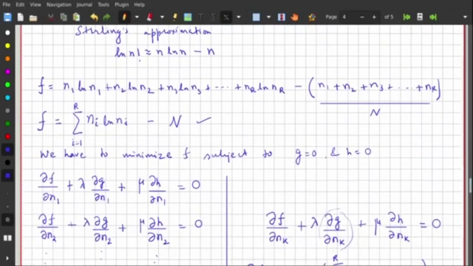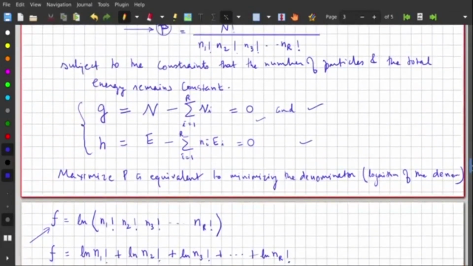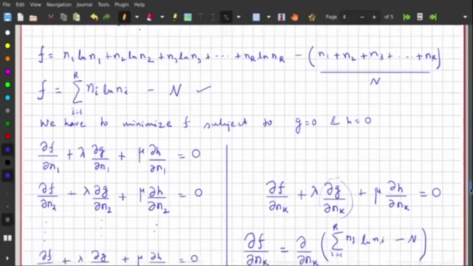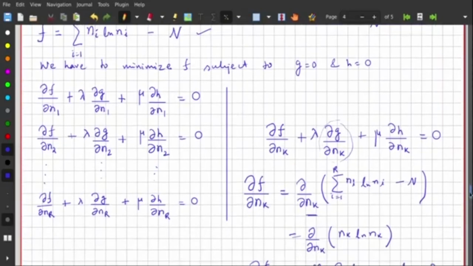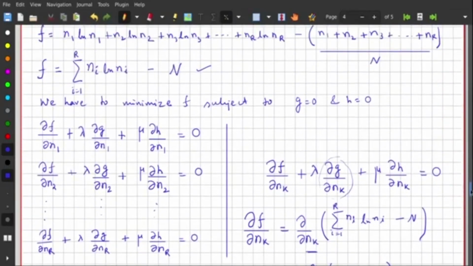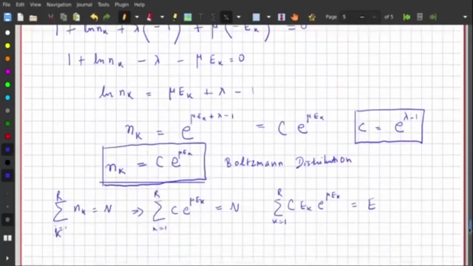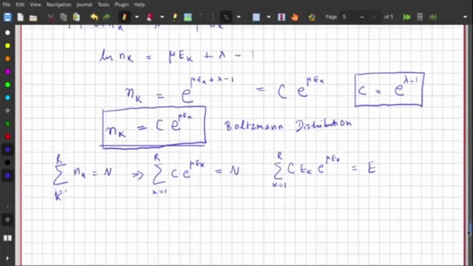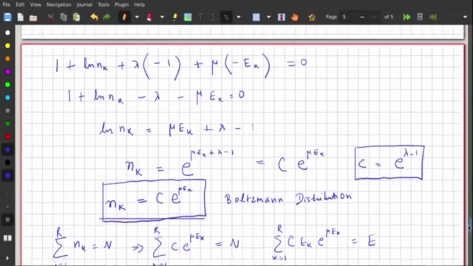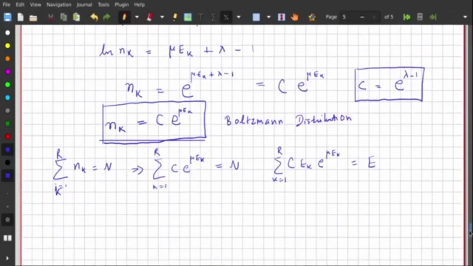This was f, and then we had the constraints g and h, and based on the constraints we wrote the optimization problem using the Lagrange multipliers lambda and mu. Based on that we were able to figure out the particle distribution for the kth energy state, and the Lagrange multipliers themselves could be figured out from the constraints.